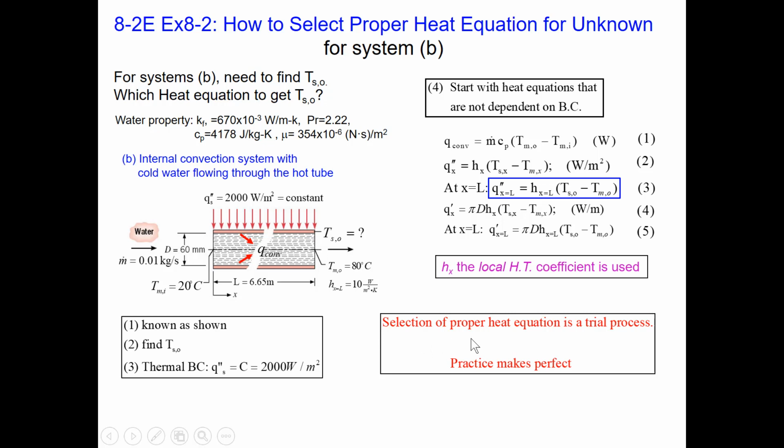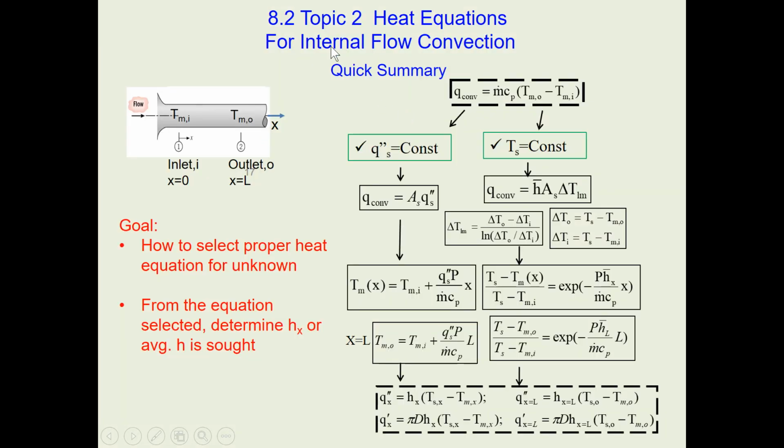Through these two examples, you noticed the selection of the proper heat equation is a trial process. However, only practice can make perfect. At this point, we covered topic 2. We can put these 12 equations into an equation sheet.